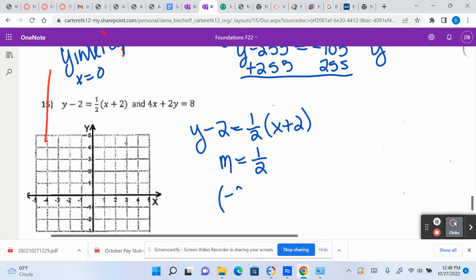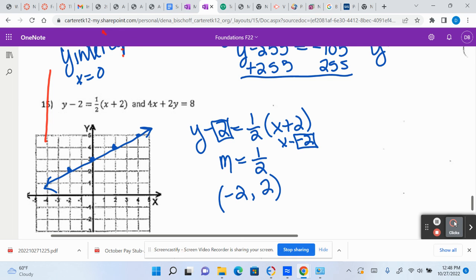It's -2 and 2. This is x minus -2, right? So the x coordinate is -2, the y coordinate is +2. So I'm going to begin at -2, +2, and then I'm going to go up 1 over 2, up 1 over 2, up 1 over 2.